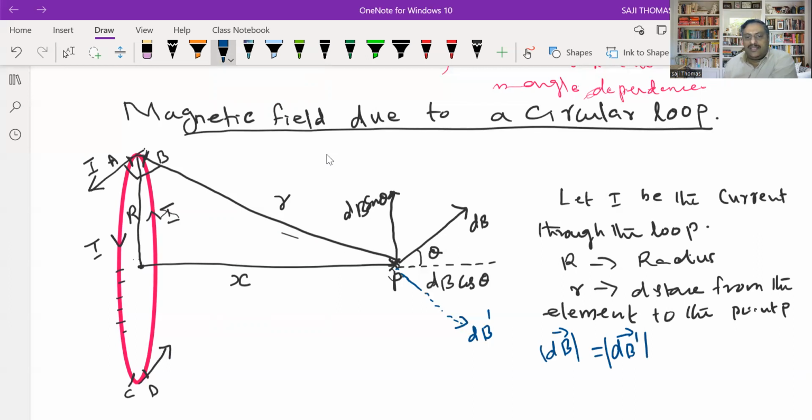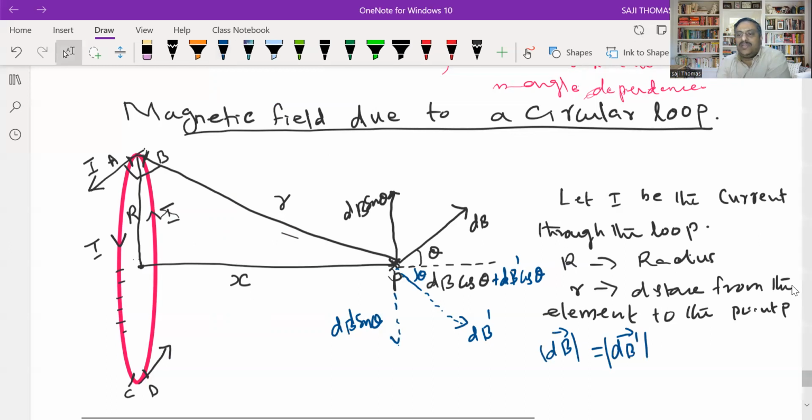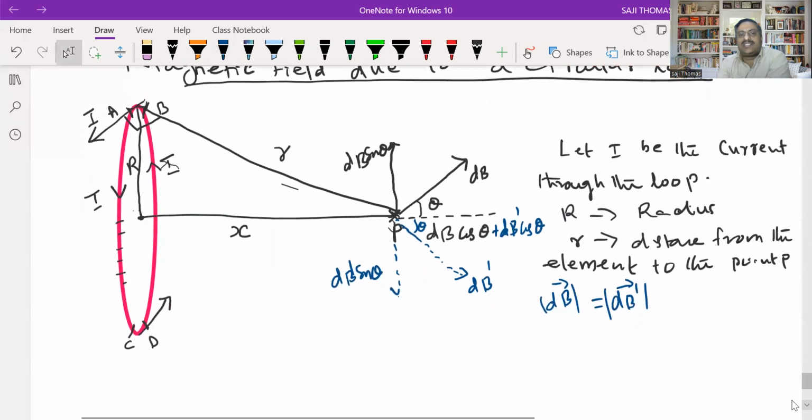So this angle is theta. This dB dash also you can resolve into two components. dB dash sine theta will come along the y direction. dB dash cos theta will come along the x direction. But I told you the dB magnitude is the same. So the vertical components, the sine components, will cancel out.